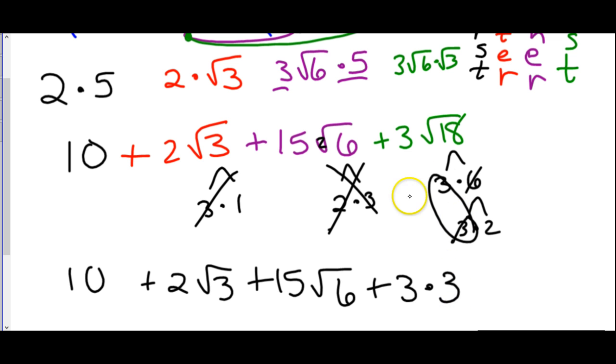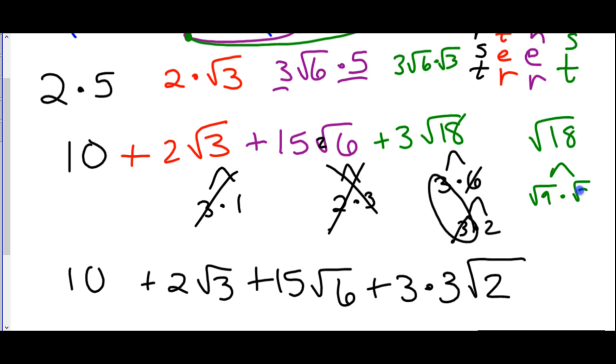So a 3 would come outside the radical with a 2 left over. Remember, the second option would be to do square root of 18 is square root of 9 times square root of 2, and then the square root of 9 is 3. So that would still give you the 3 square root 2.